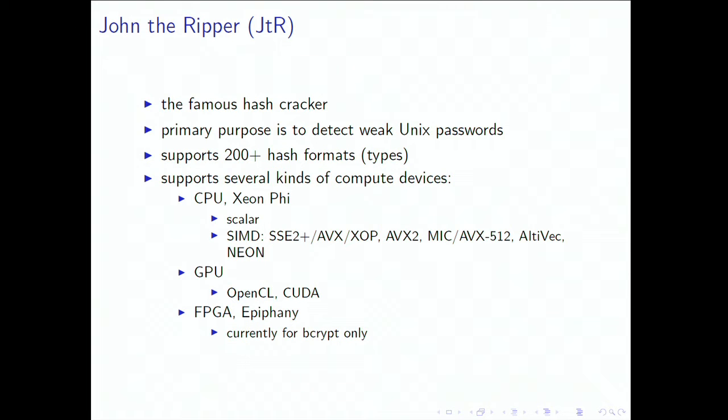John the Ripper is a well-known hash cracker. It's even been mentioned in the previous presentation. Its main objective is to search for weak passwords in Unix systems. However, it also supports over 200 different hash types in Jumbo, the community enhanced version.